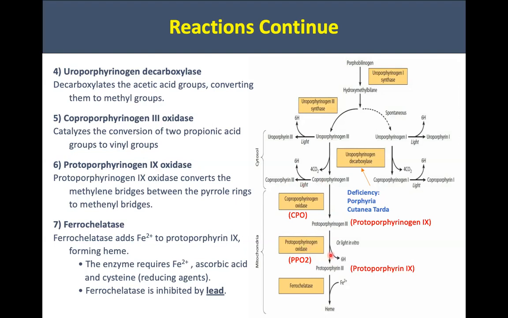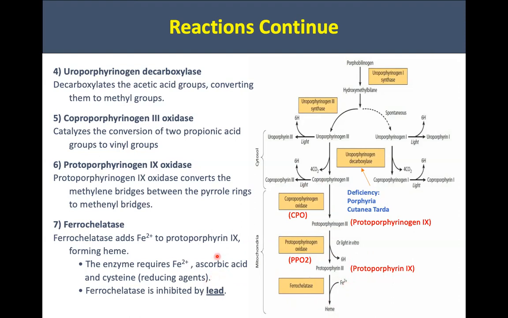The main one is that after you form protoporphyrin 9, you need the enzyme ferrochelatase, which is going to add ferrous iron into the protoporphyrin 9 in order to create heme. This is the very last step in the heme pathway, and it can be inhibited by lead.